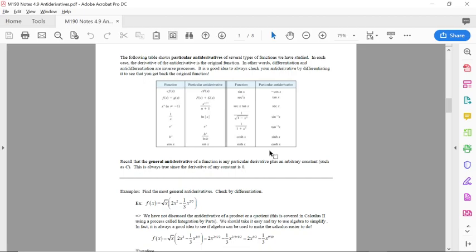Okay? There are certain functions that we have studied so far that we know how to take their derivative, but we have not yet discussed how to find their antiderivative, or even if that antiderivative exists. So one such function is the arctangent of x function. We know the derivative of arctangent is 1 over 1 plus x squared.